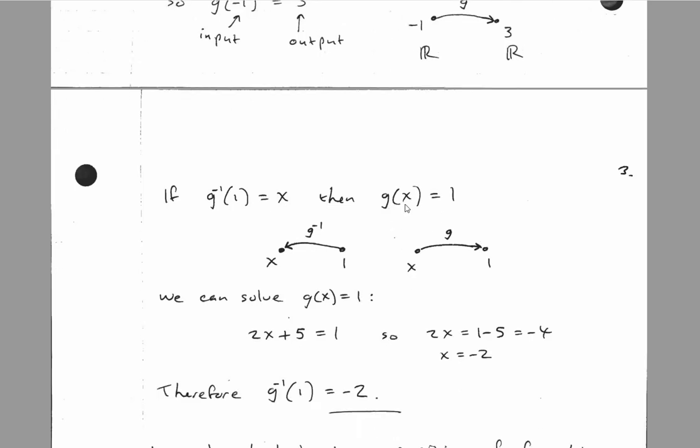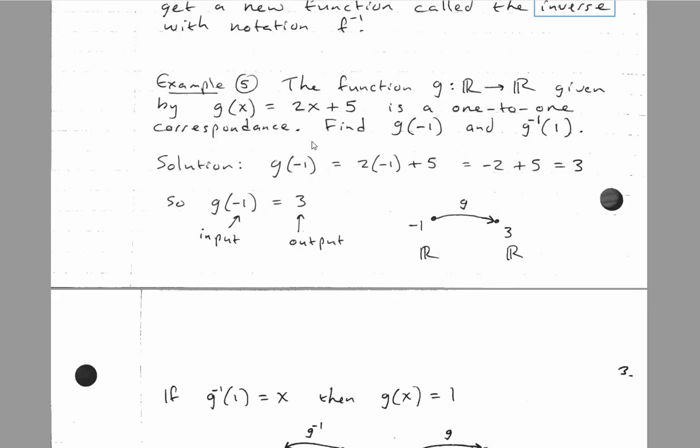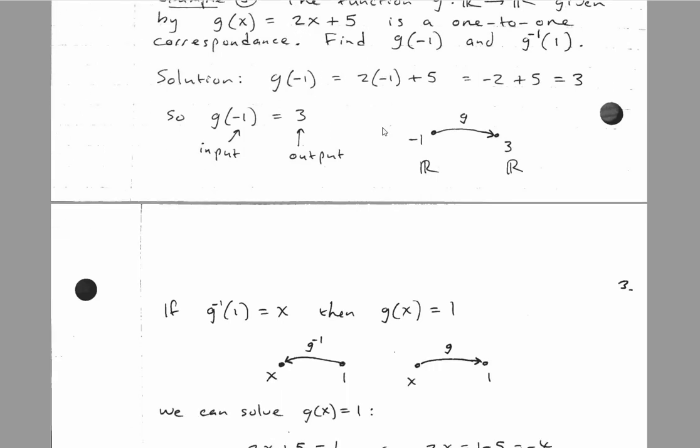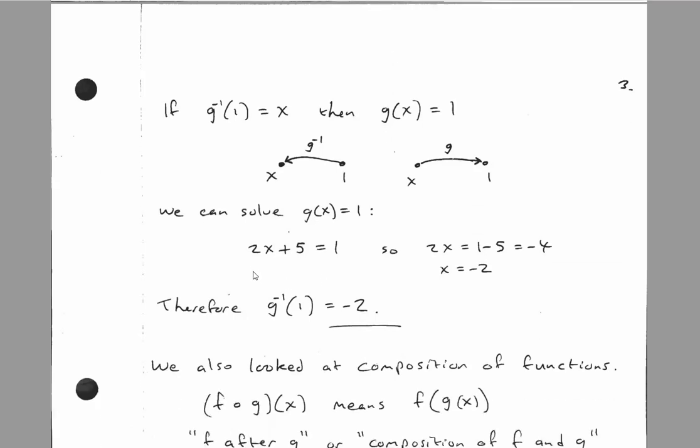What x satisfies this equation? If g(x) equals 1, that means 2x plus 5 equals 1. So we're solving a linear equation. x has to be negative 2. So g inverse of 1 is equal to negative 2.